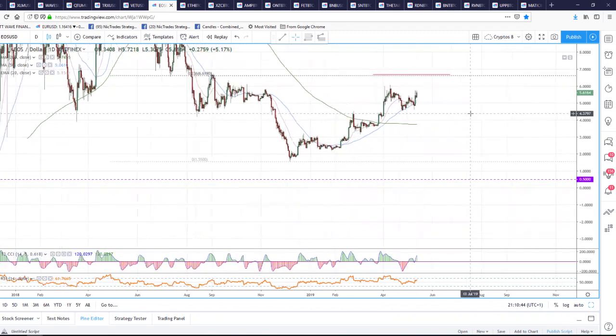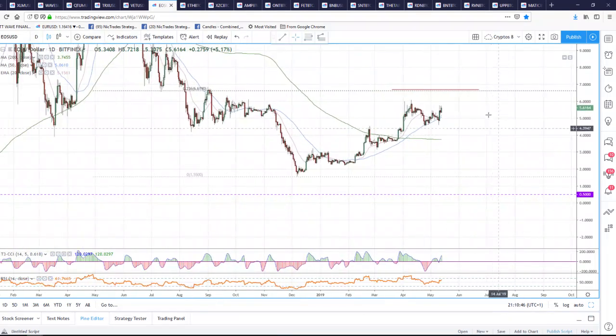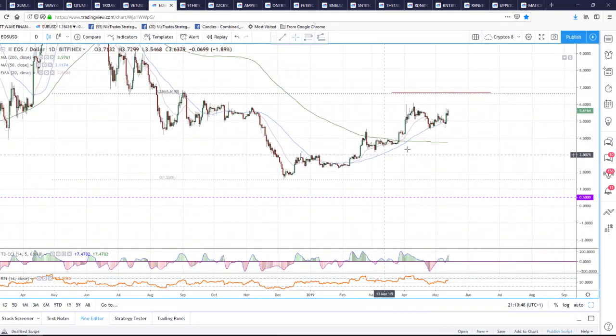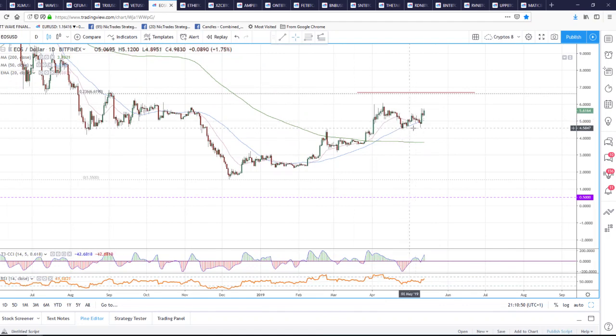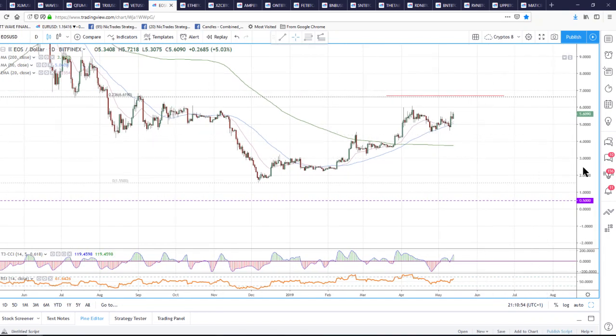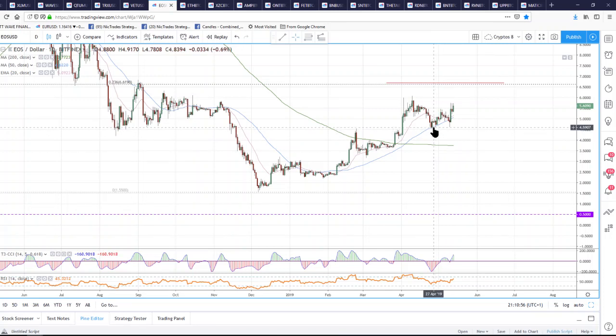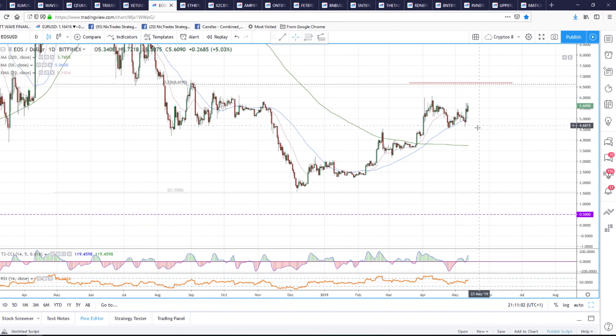I think if we fall back, or see how each time we've pulled back, this 50 moving average has worked like a backstop and caught us. And we've got a bit of a double bottom going on here. If we fall back below here again, if you've got a bag full of EOS, that would be your sign to get rid of it.